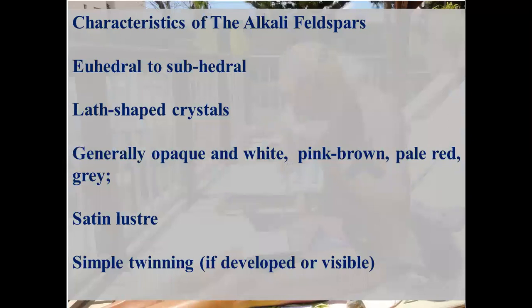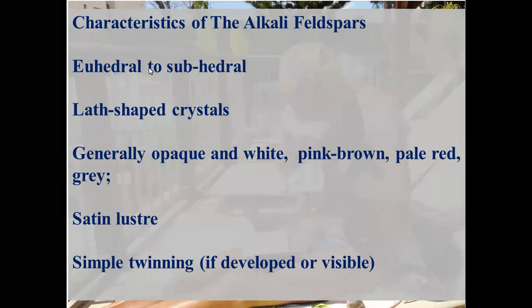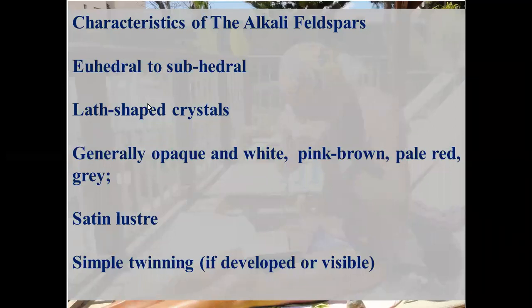So the alkali feldspars that we looked at last time, well, they had that lath-shaped crystal. They were euhedral generally, but they could be slightly poorly formed and not with particularly good crystal shape, but often they were nicely crystal shaped in those lath shapes.